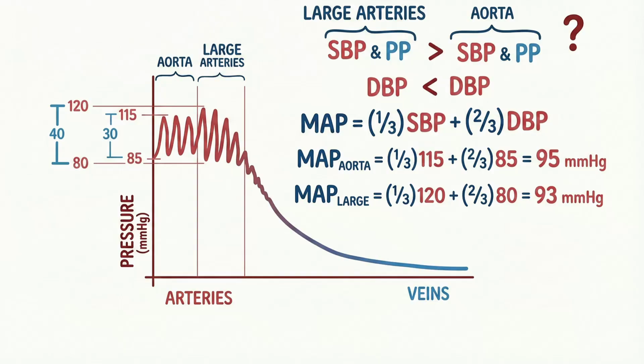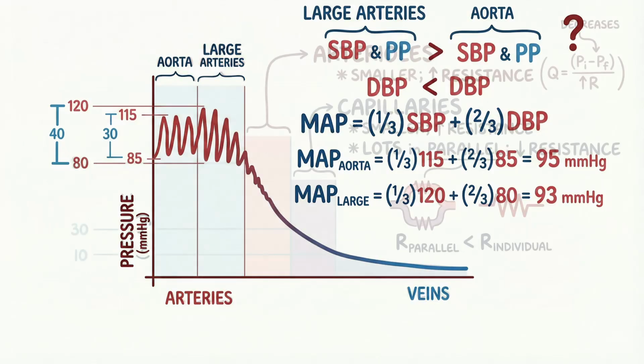As an example, let's say the aorta's SBP is 115 and DBP is 85, meaning PP is 30. That said, the MAP is 95 mm mercury. Now, if the large artery's SBP is 120 and DBP is 80 with a PP of 40, the MAP ends up being 93, which is lower than in the aorta like we'd expect.